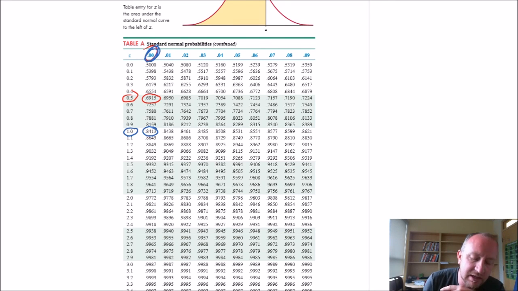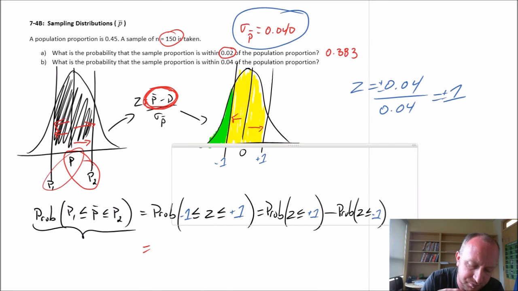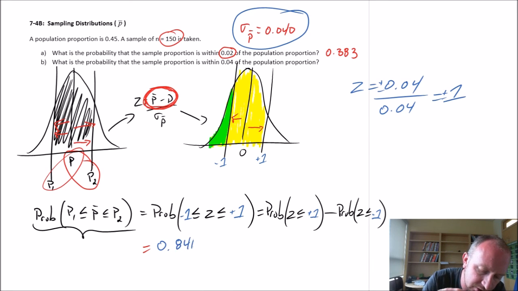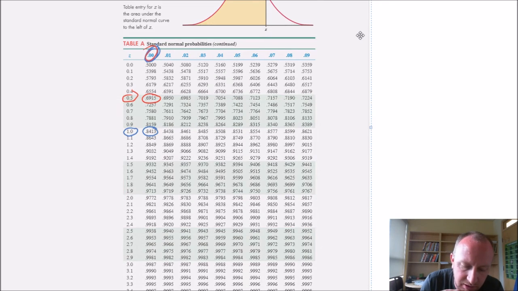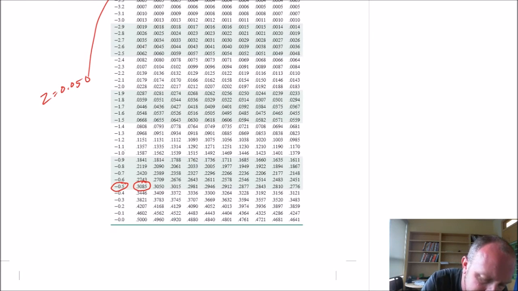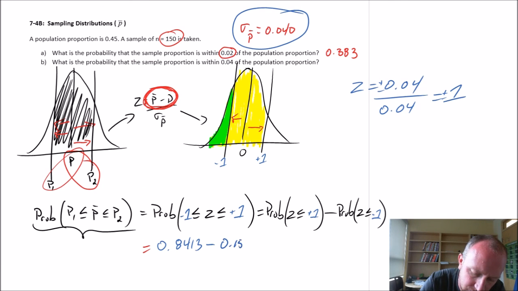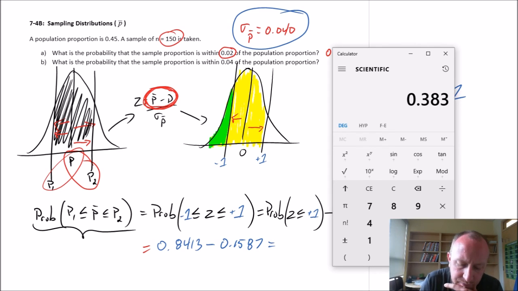So there's 0.8413, 0.8413 minus, now I'm going to look up negative 1, and so there we are there, 0.1587. And so that difference gives us 0.8413 minus 0.1587.